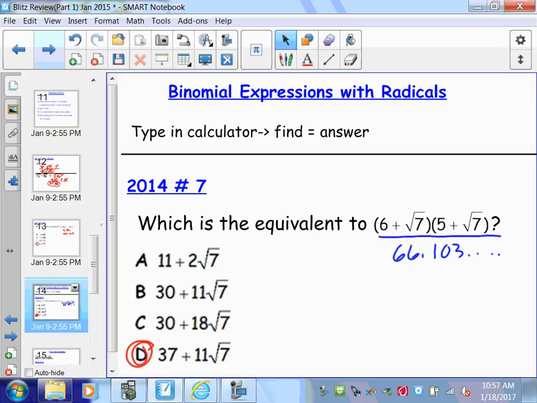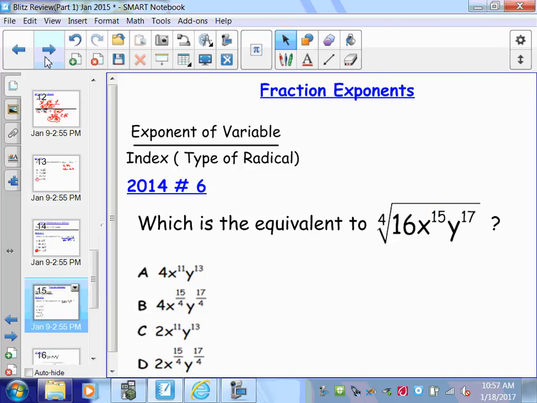You know how you do that store button for x? If you have other variables, you do it for y also, so you can also do that trick. But just as a reminder, to show you the proper way to solve this problem: if you have a radical, it can be turned into a rational exponent, which is the exponent divided by the index on the outside. 16, believe it or not, has an exponent of 1.